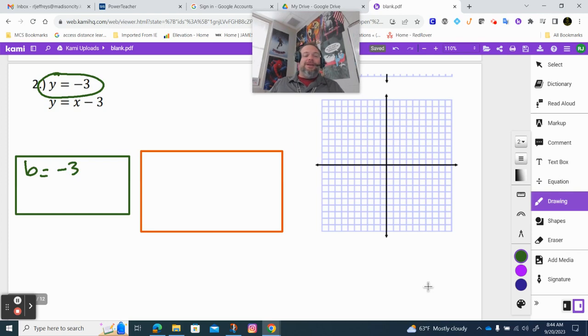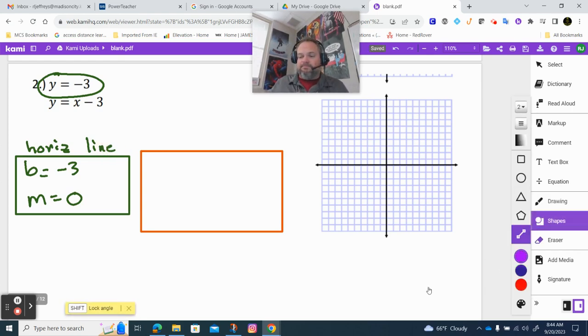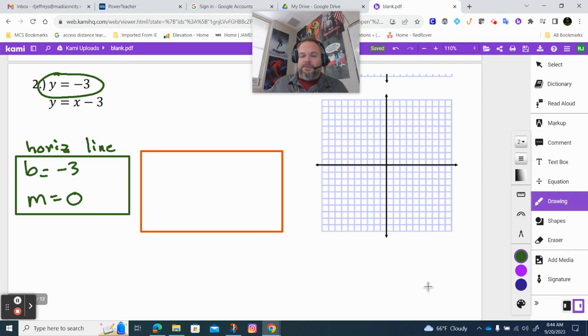Okay. What is our M? Is there an X at all? No. This is a 0. This is actually a horizontal line. That means 1, 2, 3.